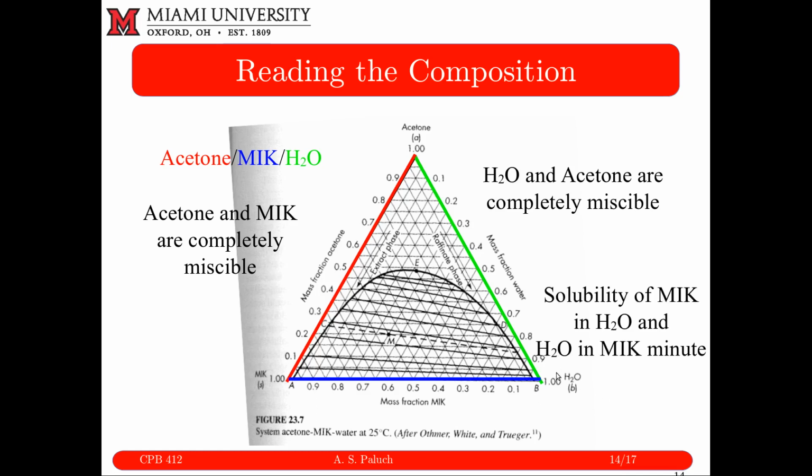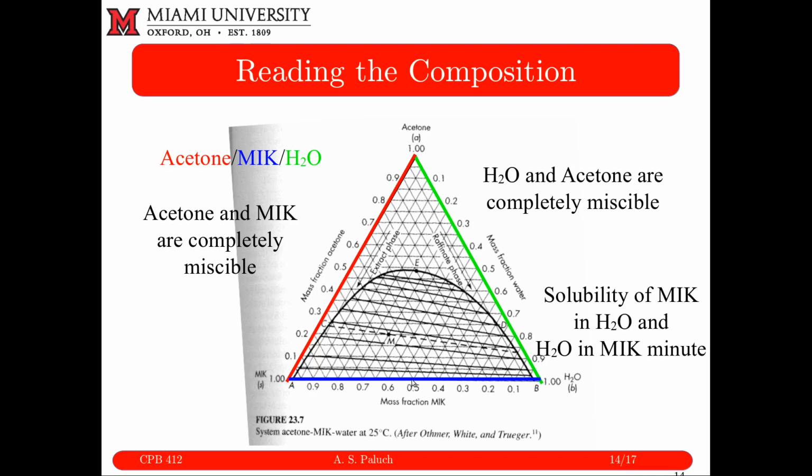But if I look at the bottom axis now, this is a binary mixture of MIK and water. My phase envelope touches here and here. What that tells us is that MIK and water are partially miscible. So if I had a mixture that was, say, 0.5 mass fraction water, it'd be right here, right on this bottom axis.